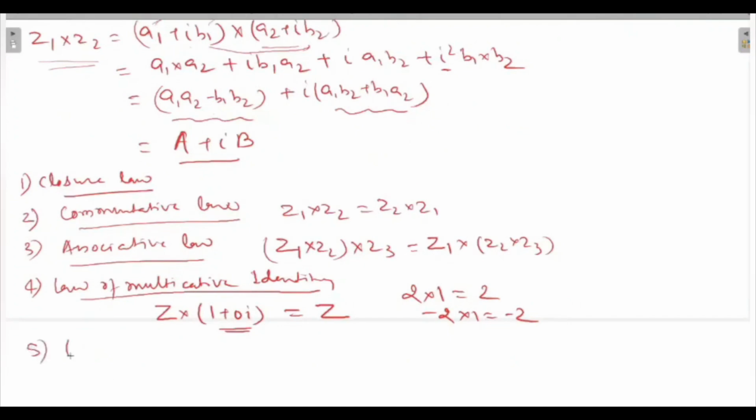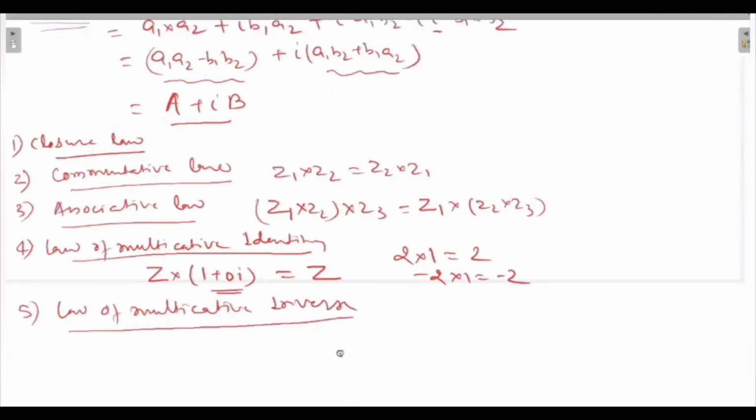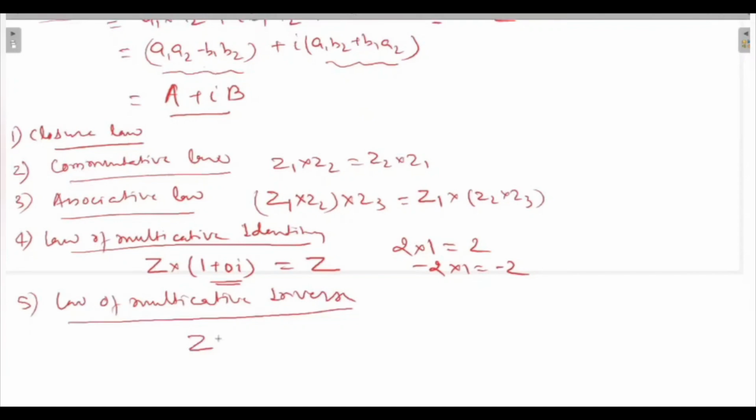Same way, we have the law of multiplicative inverse. It says that for every complex number, there exists another complex number such that when you multiply them, you end up with 1. So z2 is going to be 1 by z, and it is represented as z inverse also.